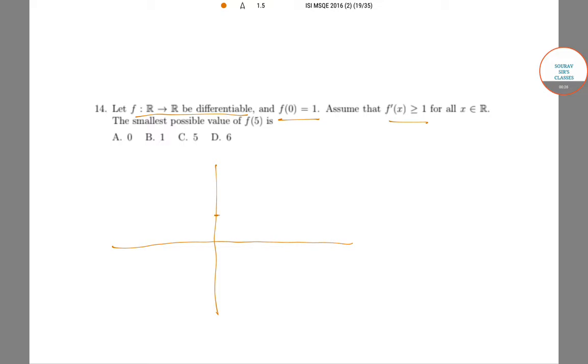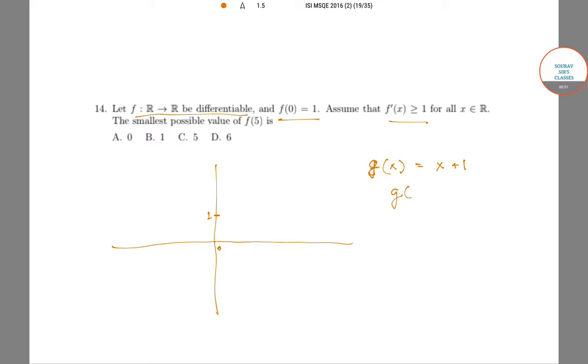Now we have f of 0 is equal to 1. Now the line f(x) is equal to x plus 1. I call this function g.